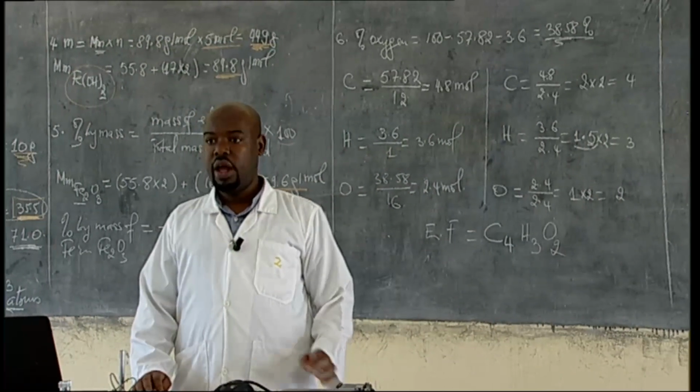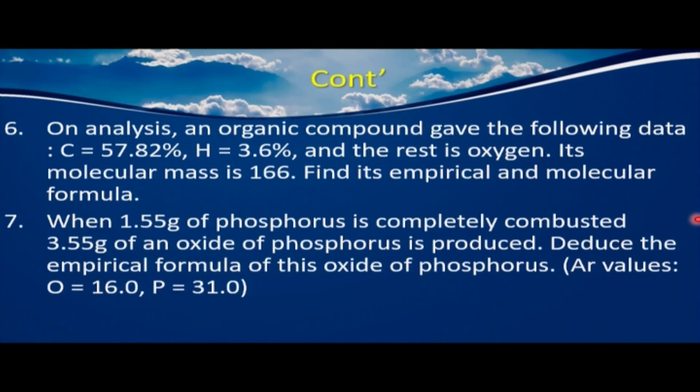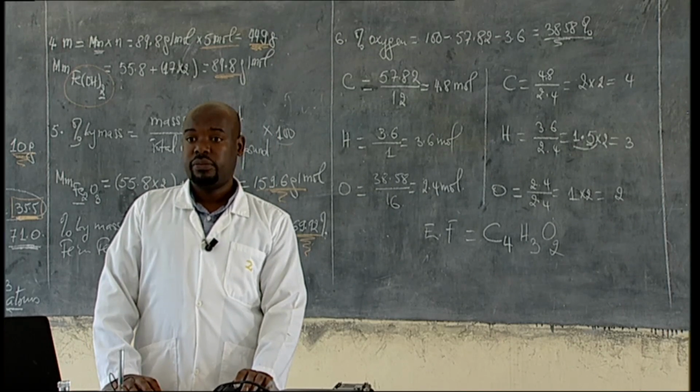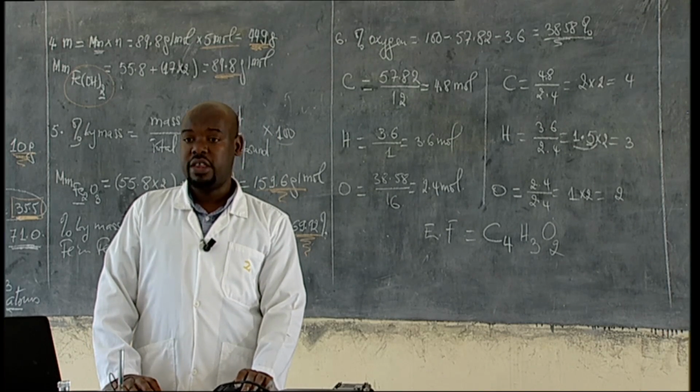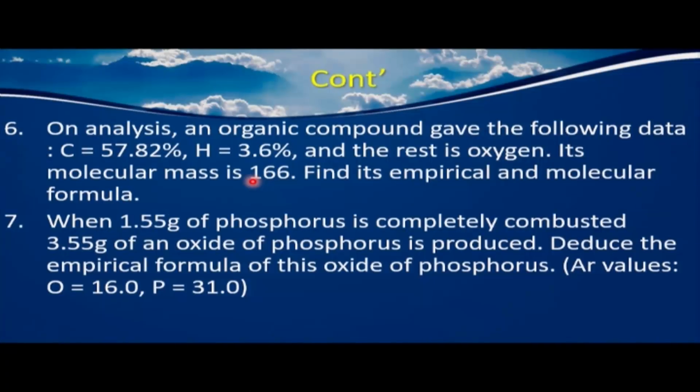And the next part of the question is to find the molecular formula. How do we get the molecular formula? You know how we work that out. To find the molecular formula, we have the molecular mass. You take the molecular mass over the mass of the empirical formula, and then you divide that to get the value of n.